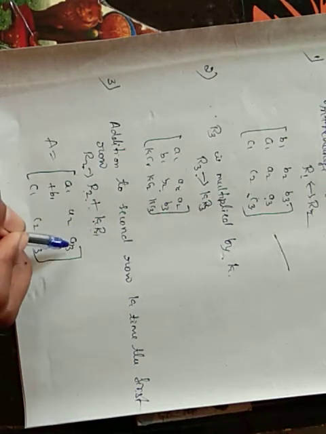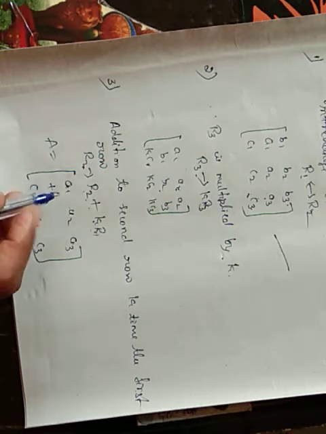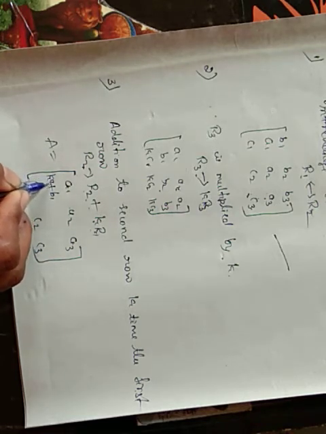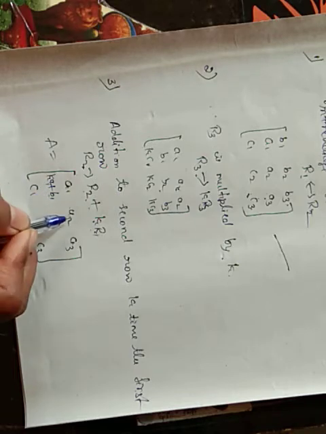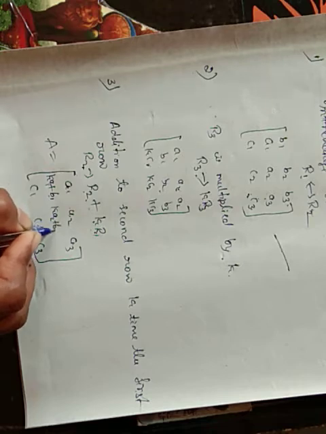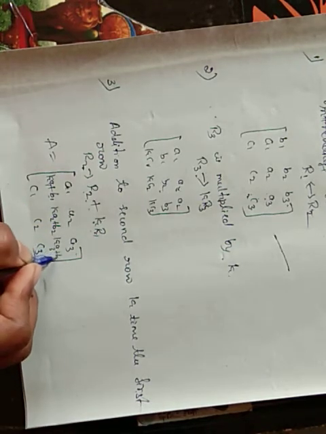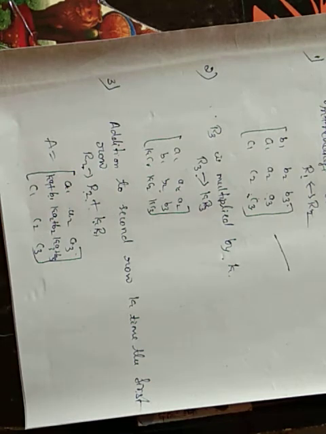R1 is A1, A2, A3. So the new second row is K into A1 plus B1, K into A2 plus B2, K into A3 plus B3. That is how to take the transformation of the third rule.